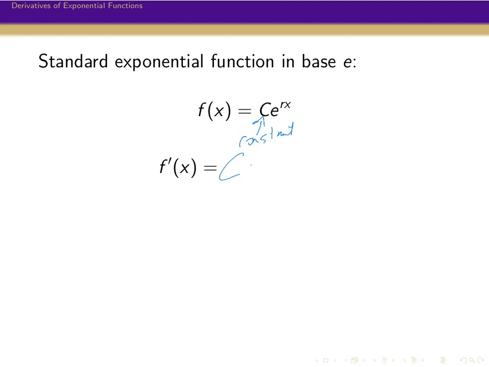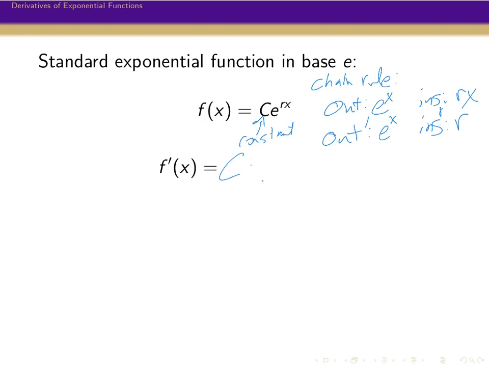Same as before, taking the derivative of the rest of it, we're going to use the chain rule, where the outside function is e to the x, and then we're plugging into that r times x. And so the derivative of the outside is e to the x. Derivative of the inside, it's a constant times x. So it's that constant r.